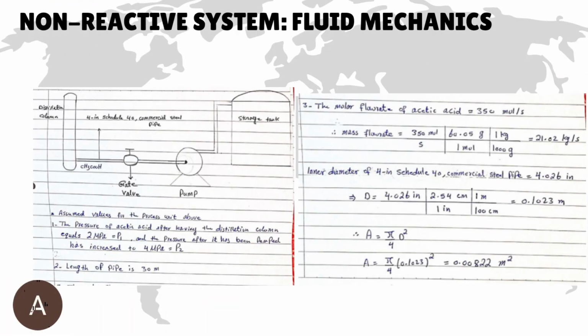In our process unit for fluid mechanics, we have one gate valve, a centrifugal pump, a storage tank, and we chose our conduit to be a 4-inch schedule 40 commercial steel pipe. The reason why we chose a gate valve is because it's an energy efficient valve option.